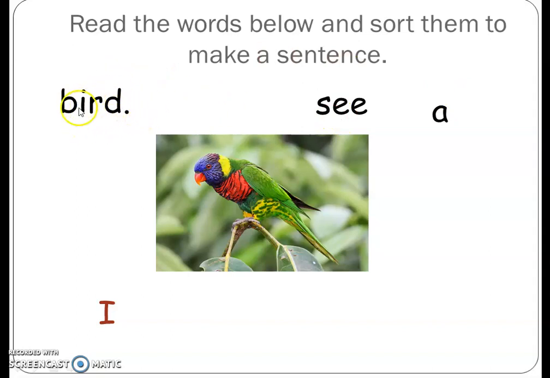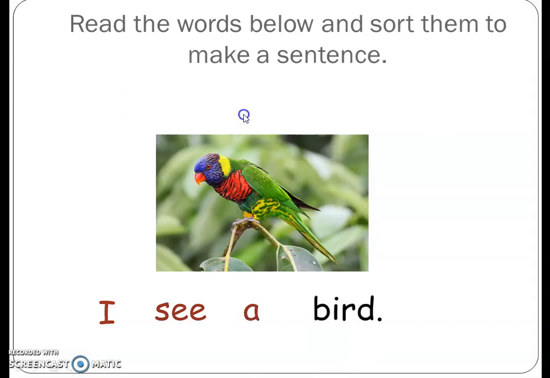That's going to be at the end of our sentence. I see a bird. Would that make sense? I see a bird. Yeah, that makes sense. I see a bird. And we do. We see a beautiful bird. I see a bird. Great. Now you try this one on your own.